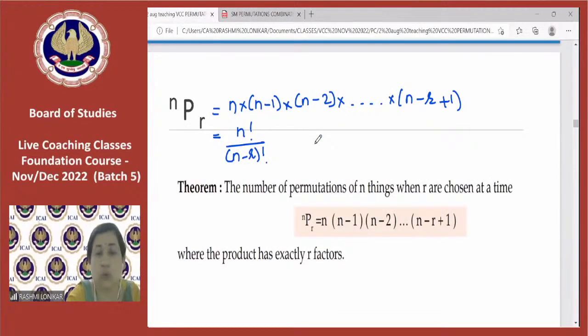So these are the two ways in which you can represent the permutation.